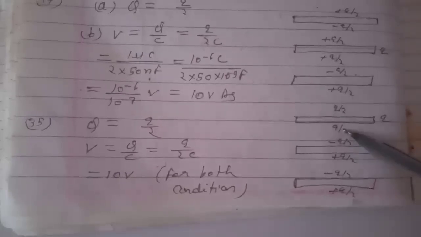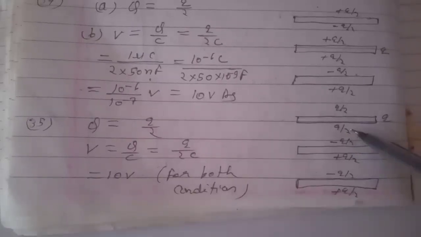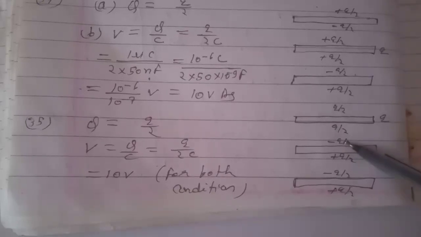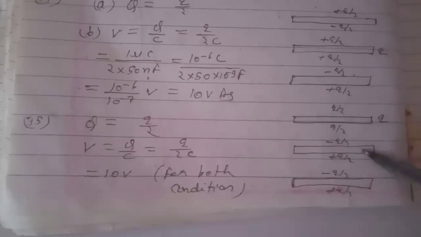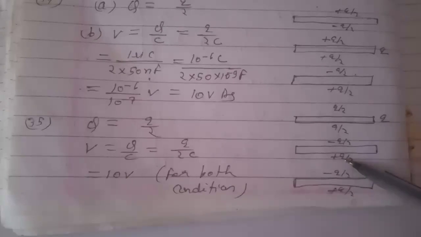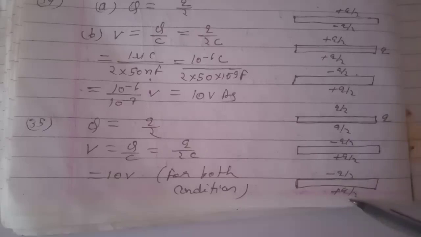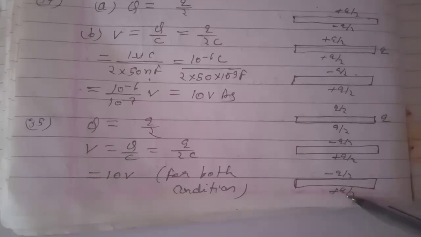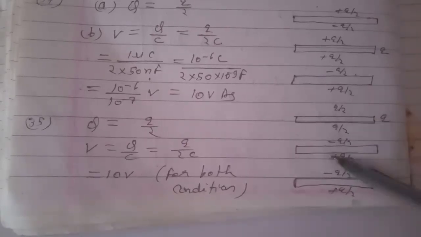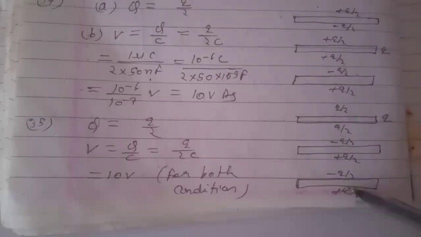So this will be distributed like this, plus Q by 2 and plus Q by 2, and because facing surfaces are equal and opposite, minus Q by 2 will be developed on this, and because this is neutral, plus Q by 2 will be developed on this. Again minus Q by 2 will be developed on this, and plus Q by 2 on this. So the final charge arrangement is shown in the figure.